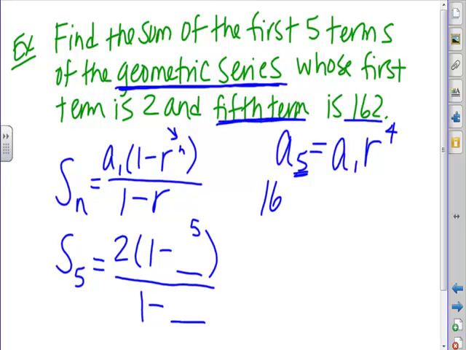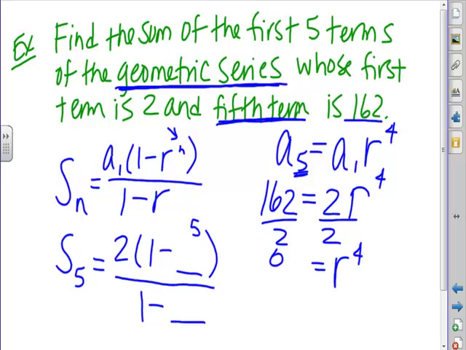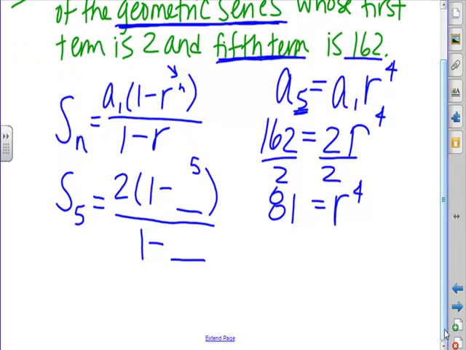If I know there's 162 in the 5th position and a 2 in the first position, I can write an equation that has only one thing I don't know. Solving this equation, I find that r to the 4th is equal to 162 divided by 2, which is 81.